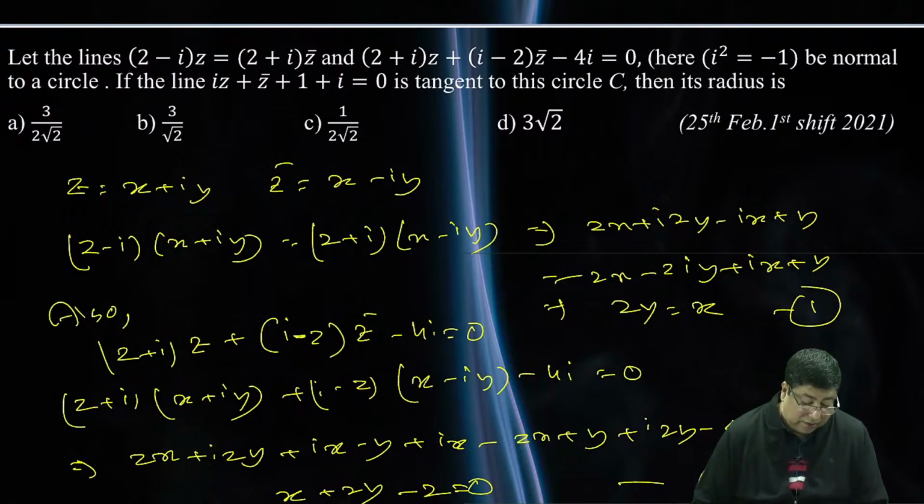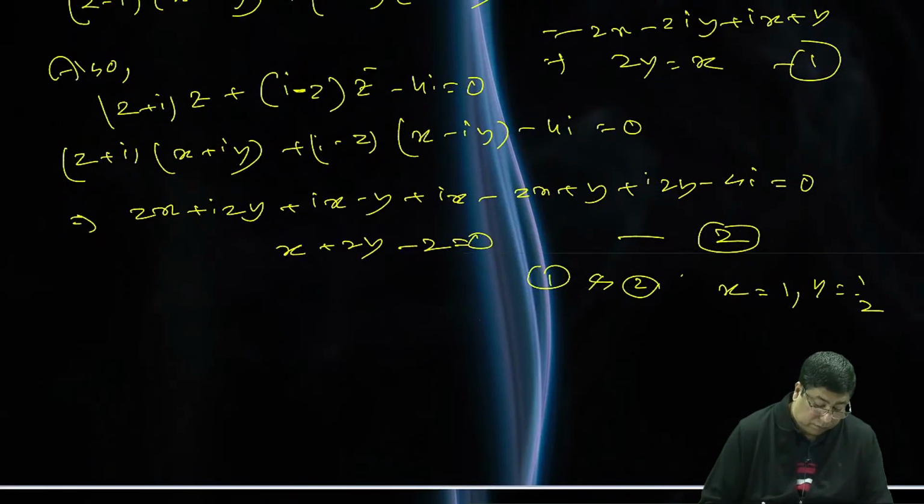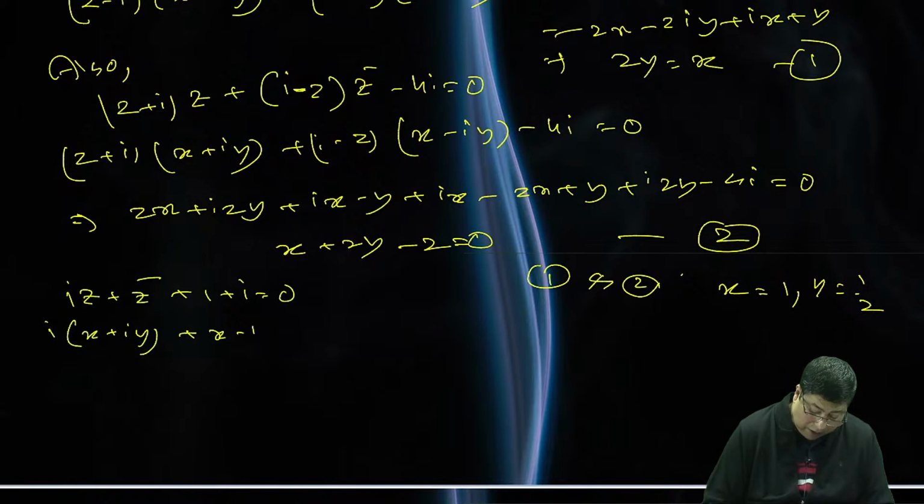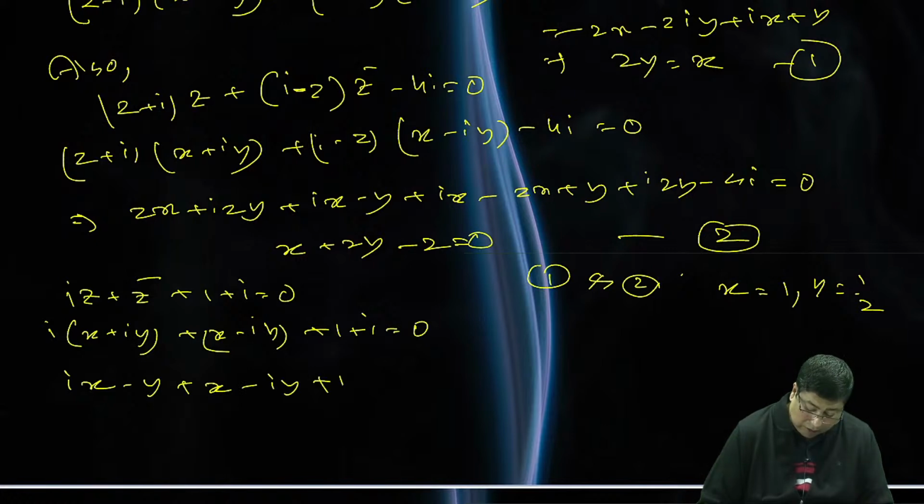So let us write this: iz plus z bar plus 1 plus i equal to 0. i into (x plus iy) plus (x minus iy) plus 1 plus i equal to 0. Therefore, ix minus y plus x minus iy plus 1 plus i equal to 0. So if we calculate this, we are getting x minus y plus 1 equal to 0.